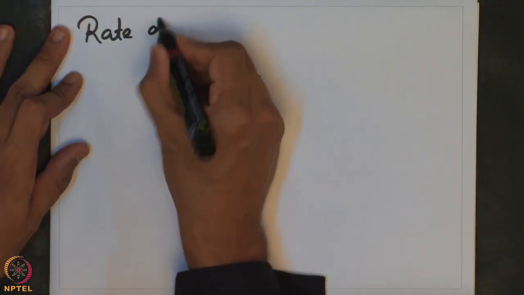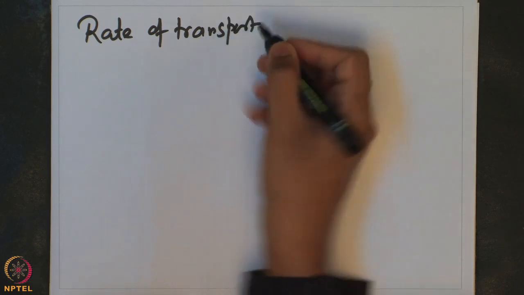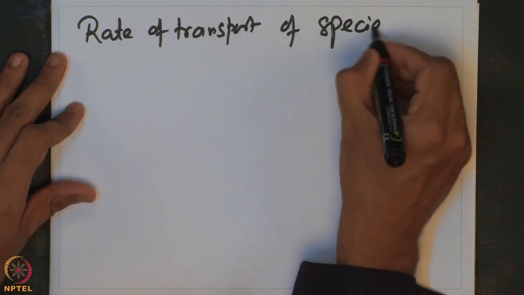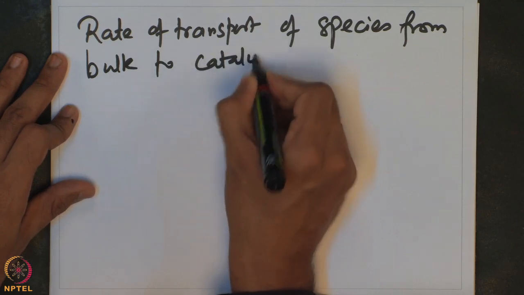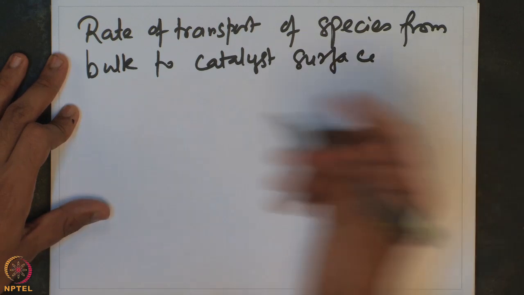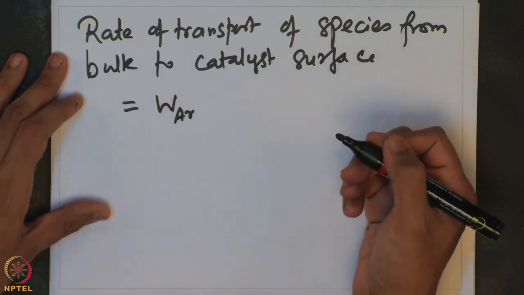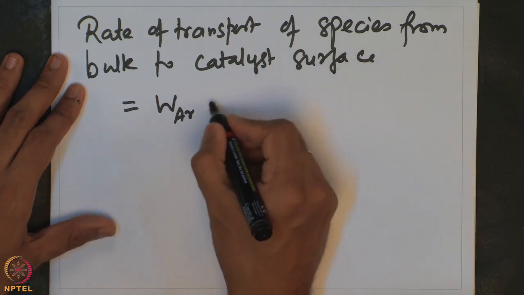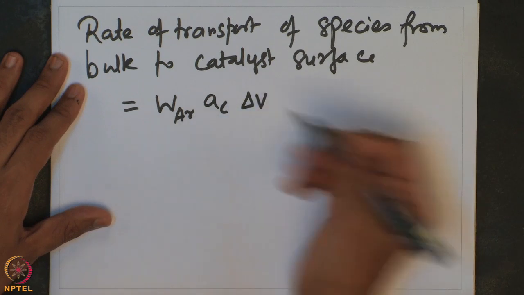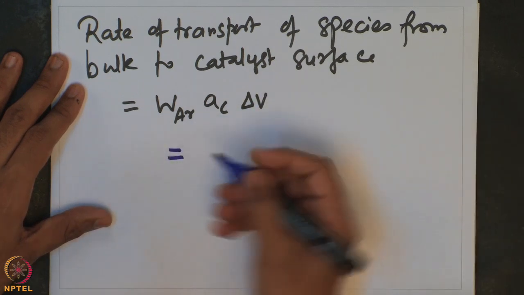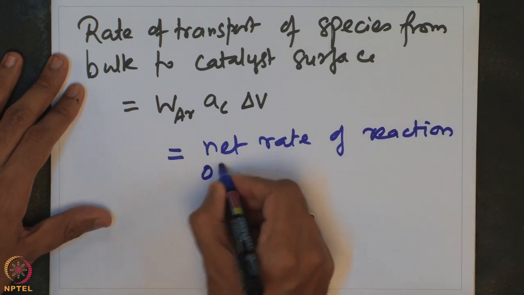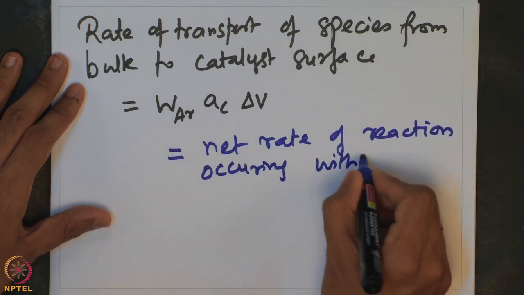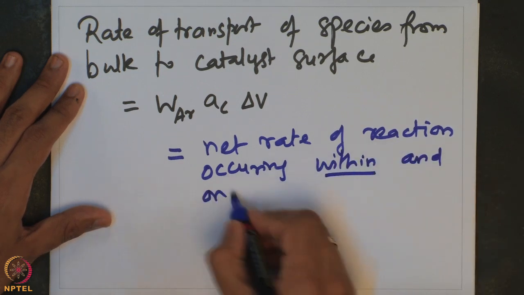The balance was that we said that the rate of transport of species from bulk to catalyst surface, which is equal to the flux with which the species comes from the bulk to the catalyst surface multiplied by the area per unit volume of the reactor into delta V, should be equal to the net rate of reaction occurring within and on the pellet.